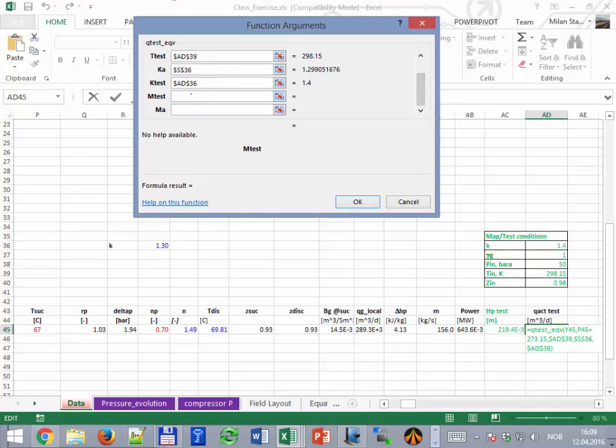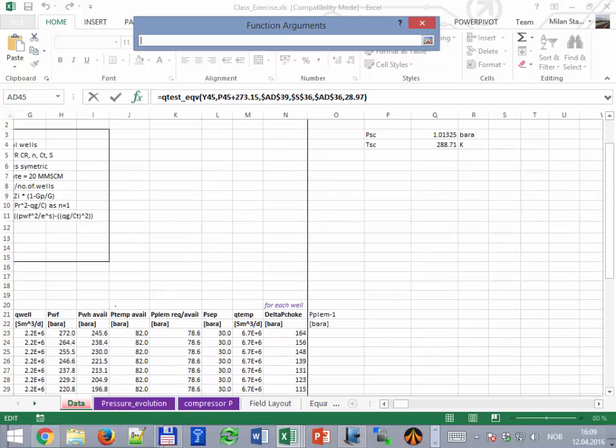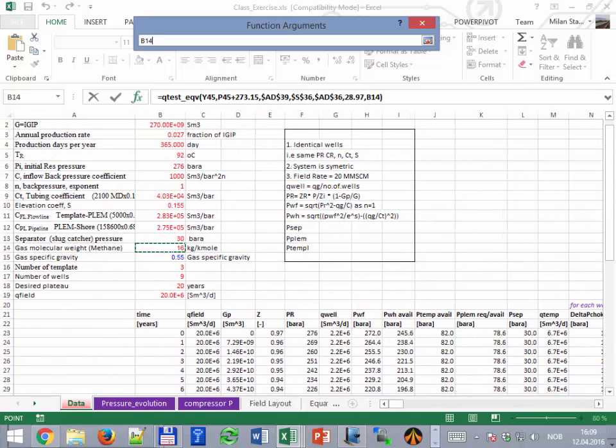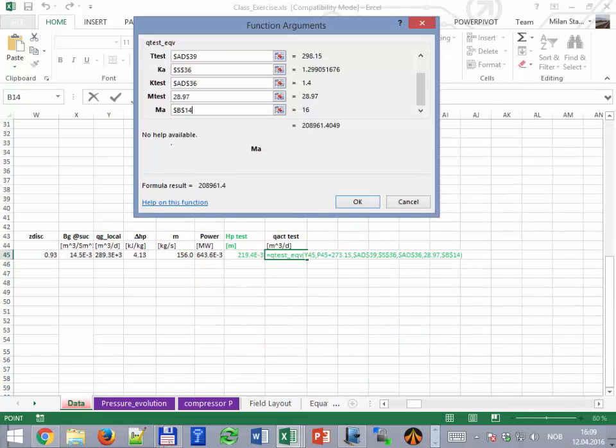And M, 28.97 and molecular weight 16. Okay.